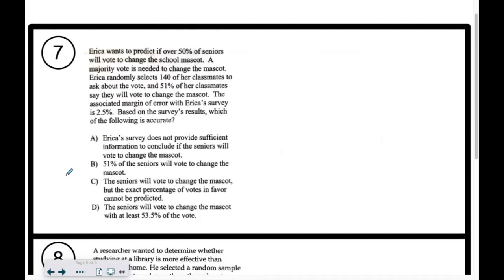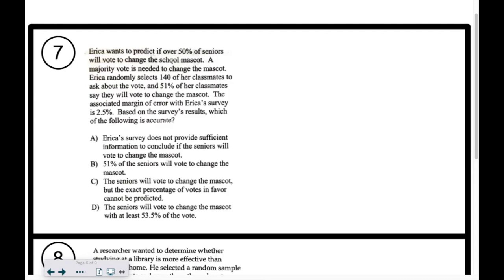On to number 7. So Erica wants to predict if over 50% of seniors will vote. And she selects 140 of her classmates, and 51% say they will vote. All right. The associated margin of error is 2.5%. All right. Which of the following is accurate? So here's the deal.